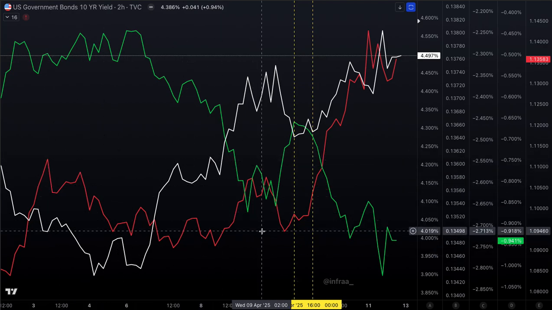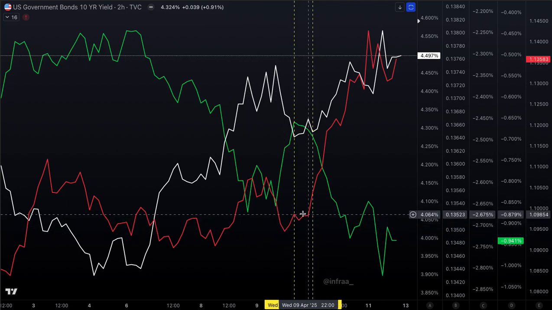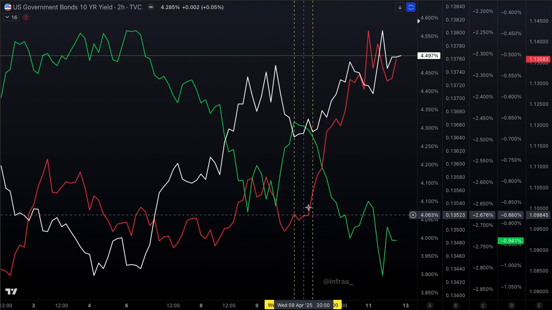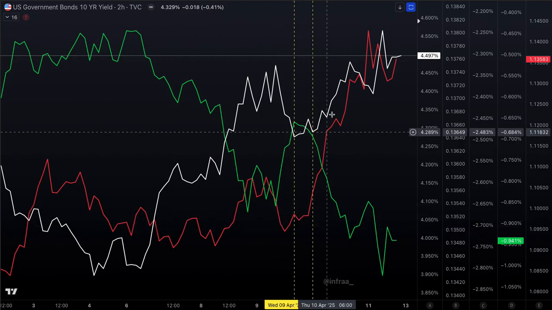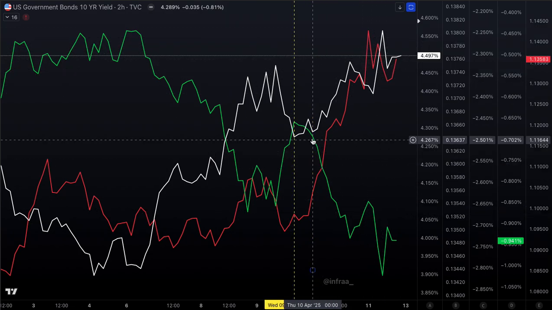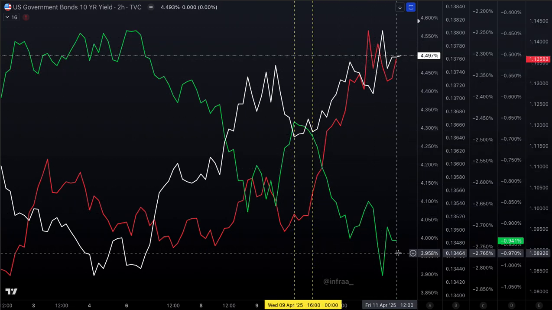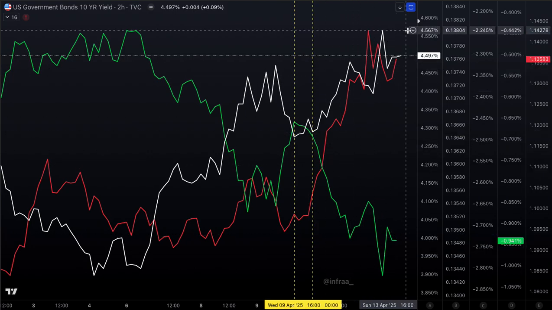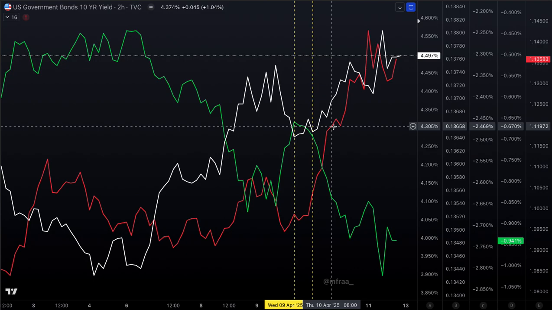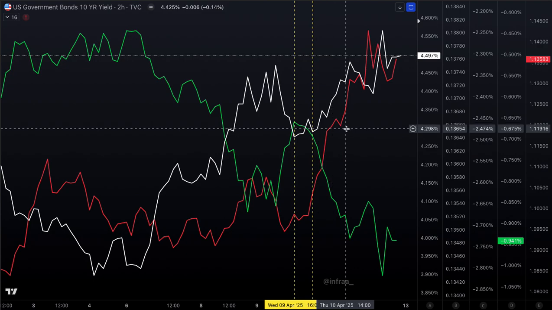But then all of a sudden, around here, Wednesday, which would be Thursday in Europe, Wednesday in US time, we see a divergence where the euro starts to strengthen pretty notably, even though the interest rate differential is declining. And it also does correspond to the 10-year yield going up, meaning the 10-year bond value down.